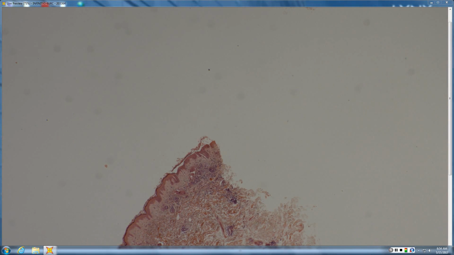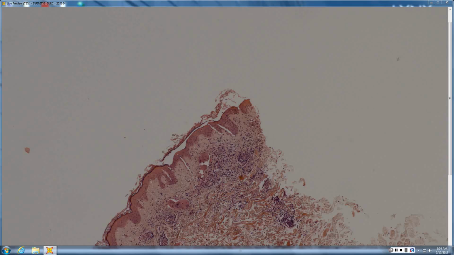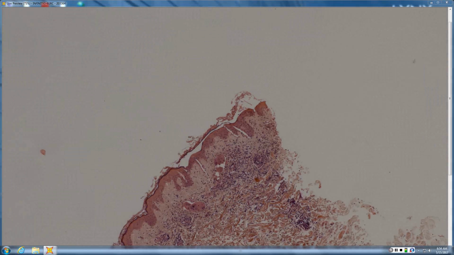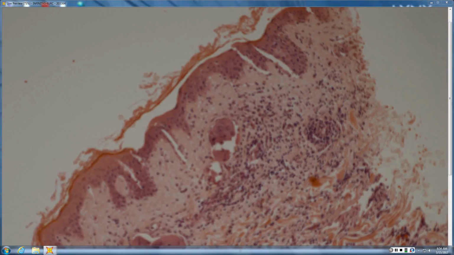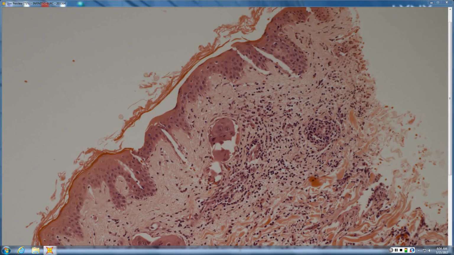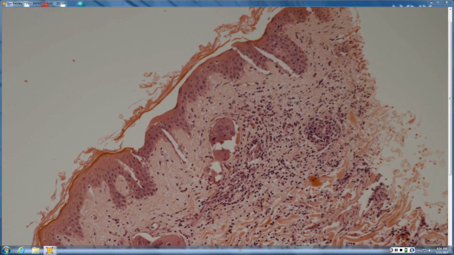But then as you get closer in, you can see these cells are atypical. They do appear to be epithelial, which is why they look squamous. But they're much larger with very large nucleoli, and they're within lymphatic spaces. And then you have this mixed inflammatory response around it.